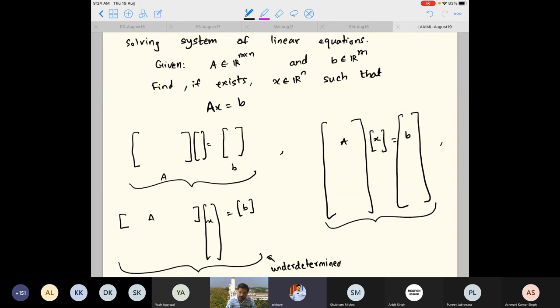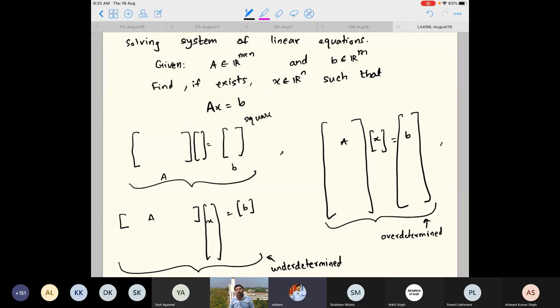The reason for that name is that you have fewer equations than the unknowns that you want to compute. Here it is overdetermined. Overdetermined really means that you have more equations than the unknowns that you want to find. And this is square, so here you have exactly the same number of equations as the unknowns that you are trying to compute.